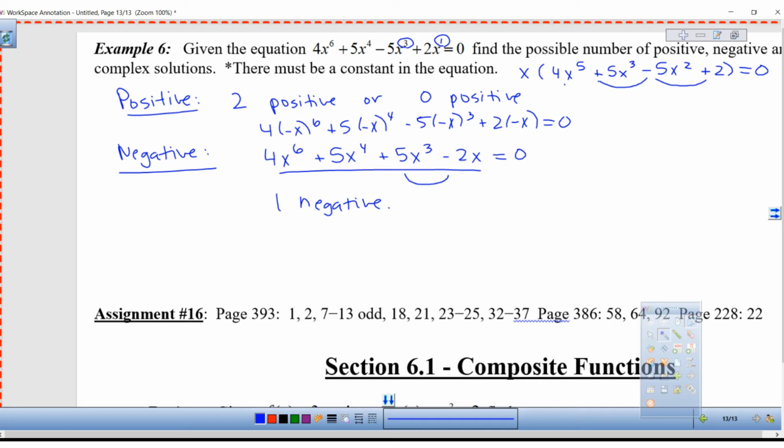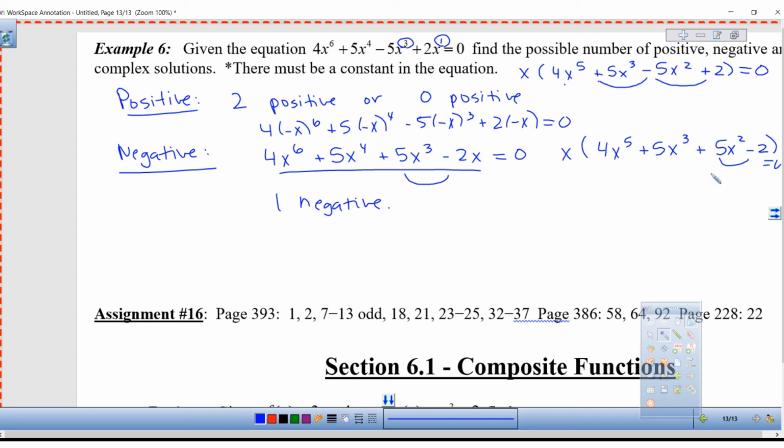Oh, by the way, sorry, go back to that. If I took out an x right there, so I had a constant, then I'd have a 4x to the 5th, a plus 5x to the 3rd, a plus 5x to the 2nd, and a minus 2. So I would still just have the 1 sign change.